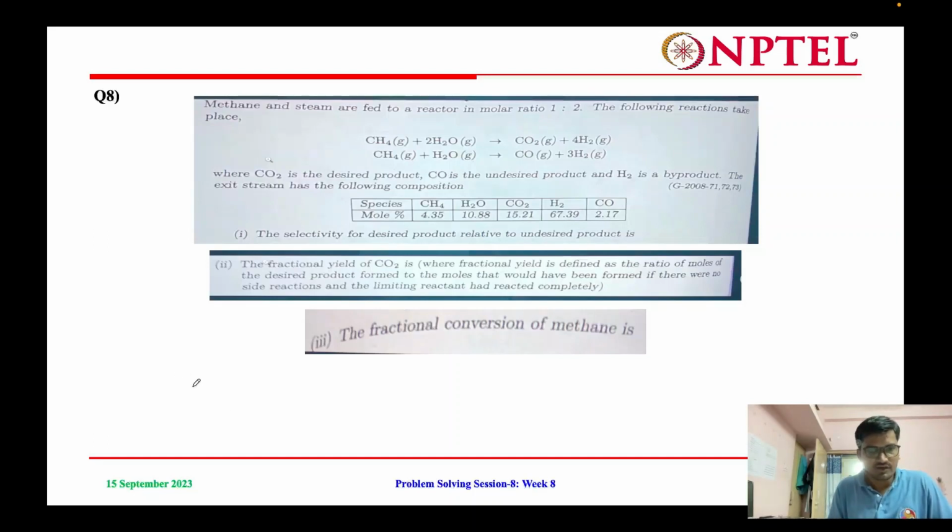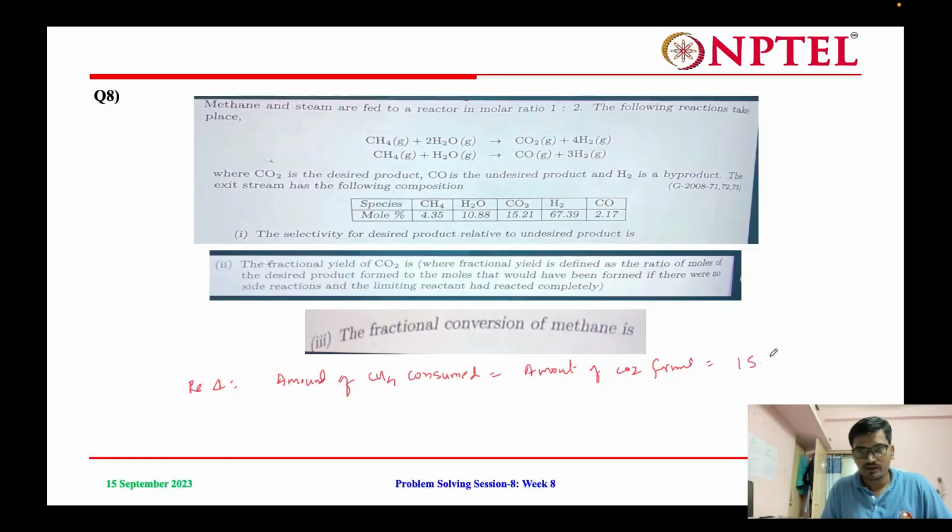In reaction one, the amount of CH4 consumed equals the amount of CO2 formed, a 1:1 ratio. CO2 formed is 15.21 mole.